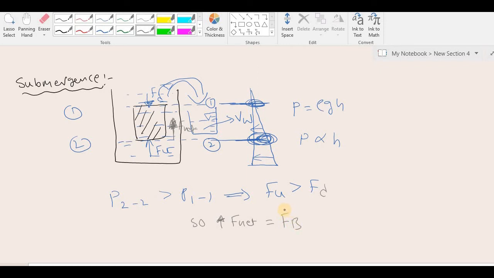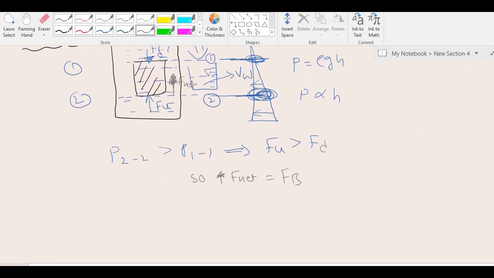This net upward force is known as the buoyant force. Due to this buoyant force, the net weight will decrease. The weight of the soil mass will decrease in the submergence case. So we know gamma, here it is submerged, so that's why it is gamma sub.